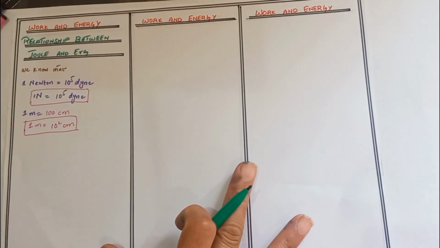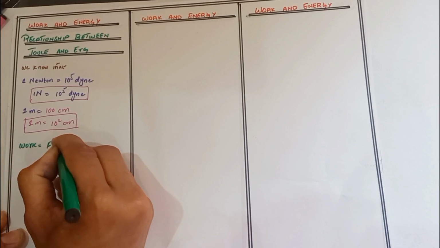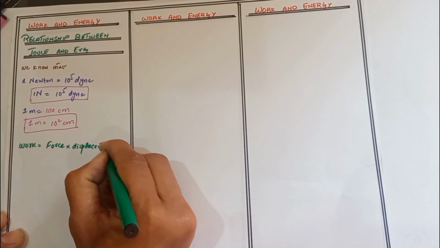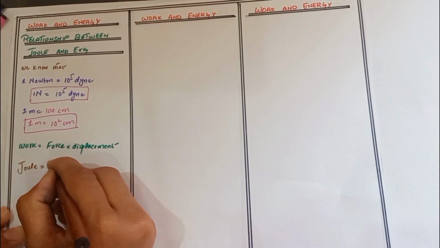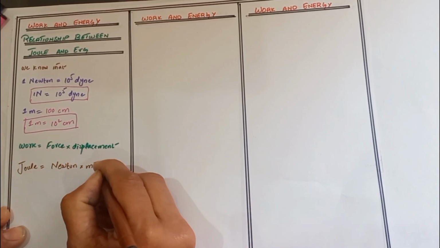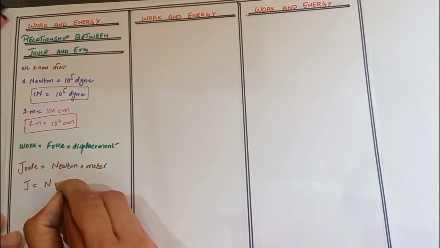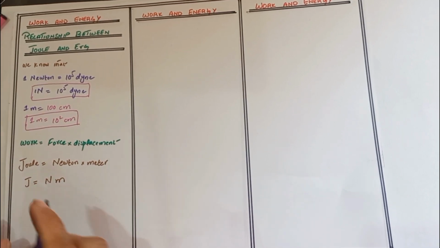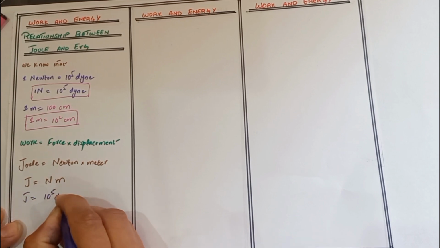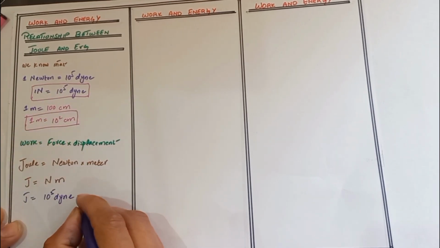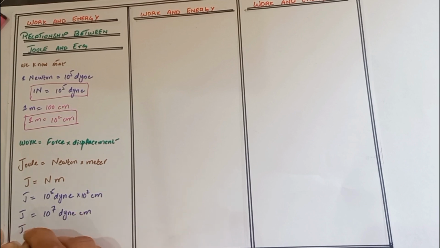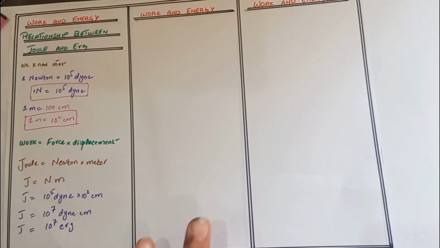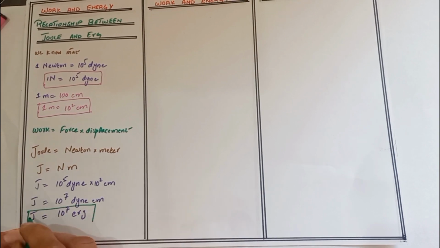We know the formula that work is equal to force into displacement. The unit of work is joule, the unit of force is Newton, and displacement is meter. So we can write joule is equal to Newton meter, and joule is equal to 10 to the power 5 dynes into 10 to the power 2 centimeters. So dyne centimeter is equal to erg. This we can write as 10 to the power 7 erg. So this is the relationship between joule and erg.